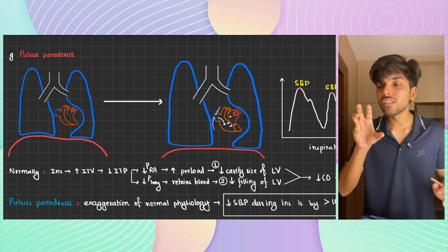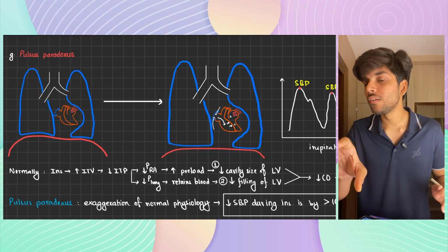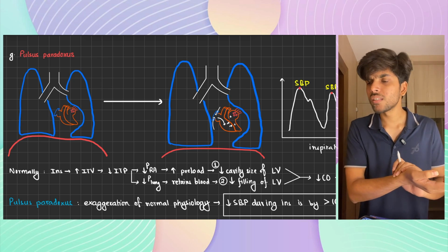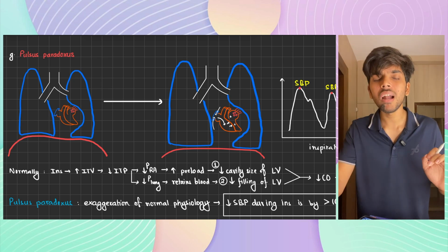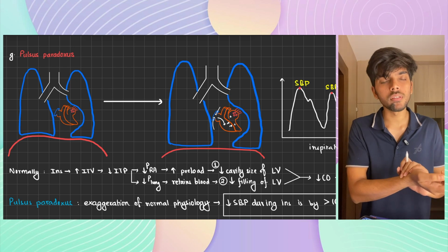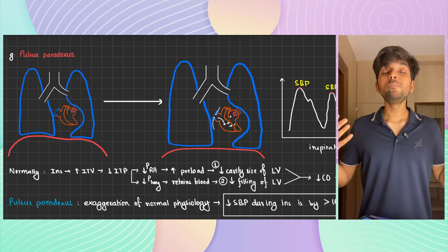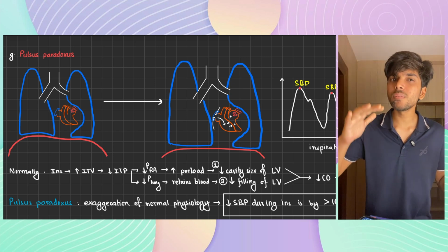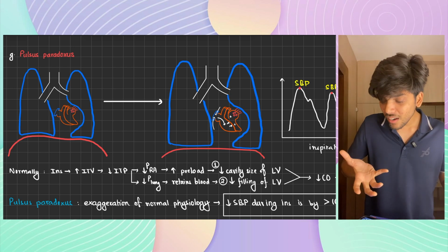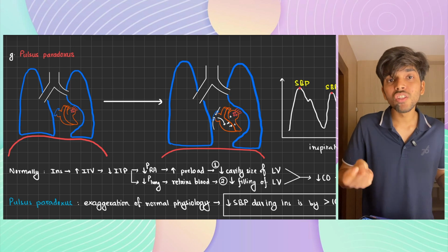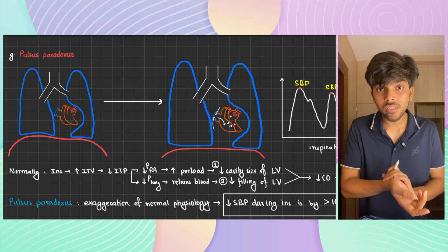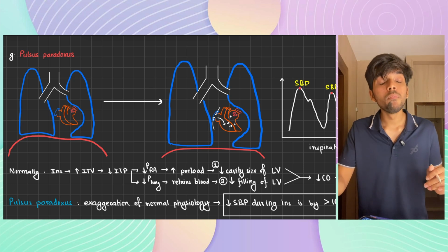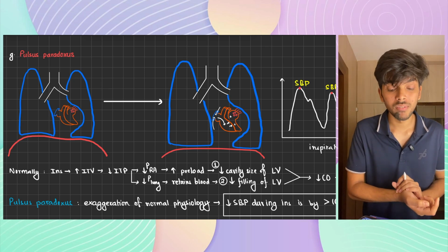You auscultate his chest for the heartbeat and palpate his radial pulse at the same time. During normal breathing, you are able to hear the heartbeat and palpate the pulse. But during inspiration by the patient, the systolic blood pressure decreases so much that the contraction of the left ventricle is not strong enough to produce a pulse. So at that time, you are able to auscultate the heartbeat but unable to feel the pulse. That is the paradox.